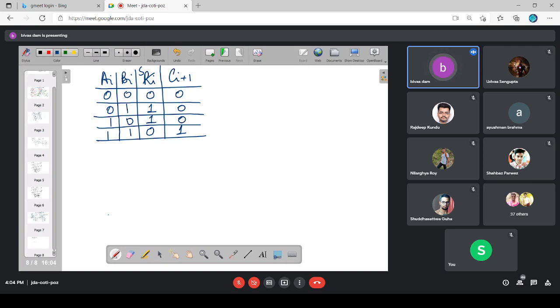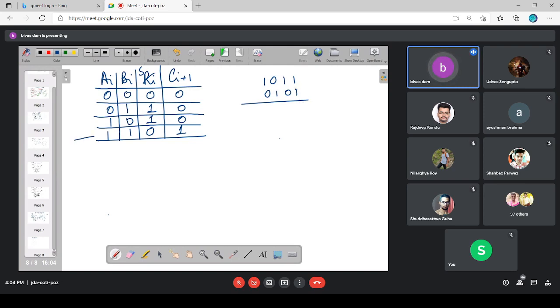Now say that the 4-bit number was 1 0, with which I was going to add this. So this I is equal to 0 first. So it is 1 plus 1.